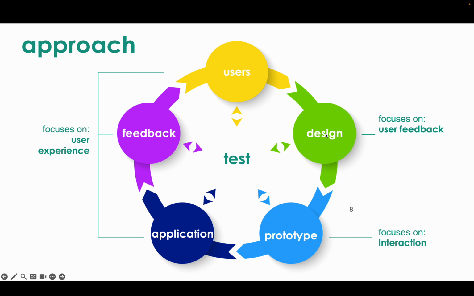Once we design the solutions, we build prototypes, or simple representations that people can interact with. They can touch them, they can click them over the web, and this is interaction. So that step connects users, who are humans, to prototypes through interaction. And then when you iterate, testing and getting more feedback, you are able to build an application.